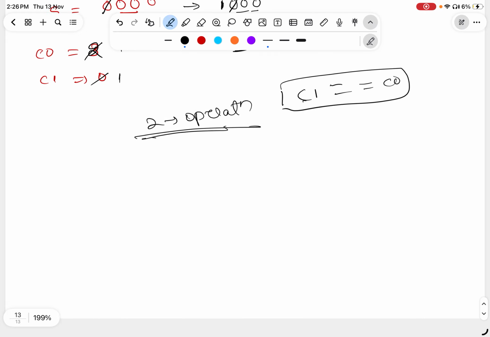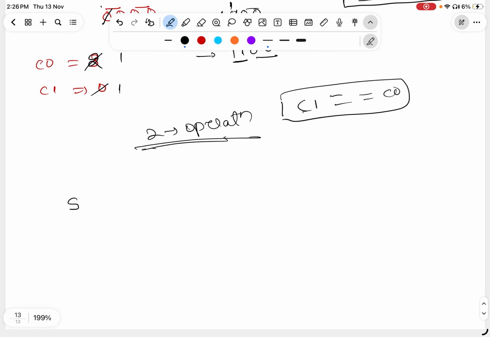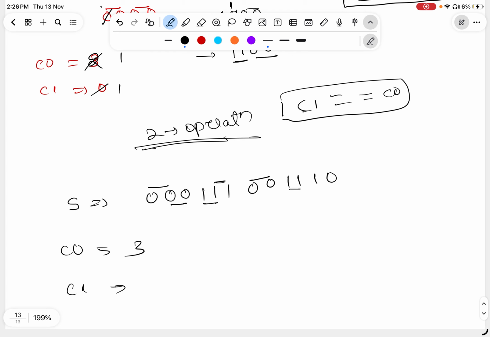Now let's say my string s is something like this. Here the count of substring 0, 0 will be 1, 2, 3, so I have 3 C0s. And how many C1s do I have? 1, 2, 3, 4.